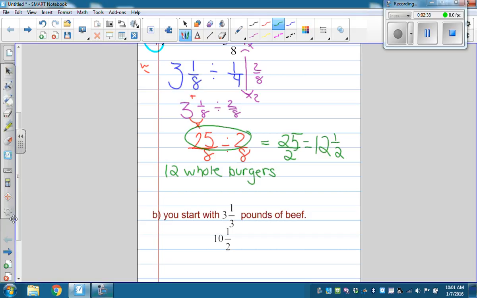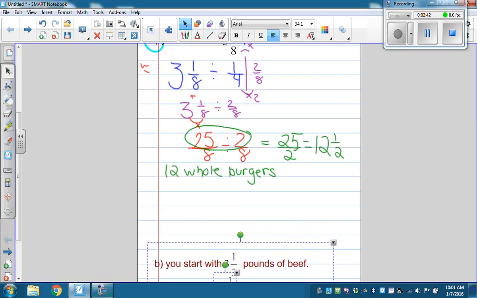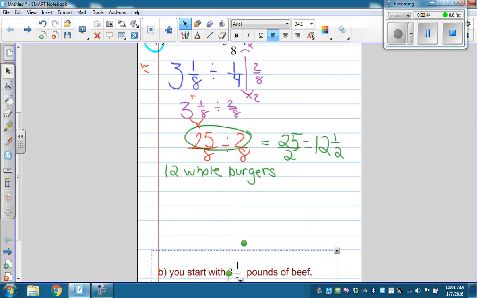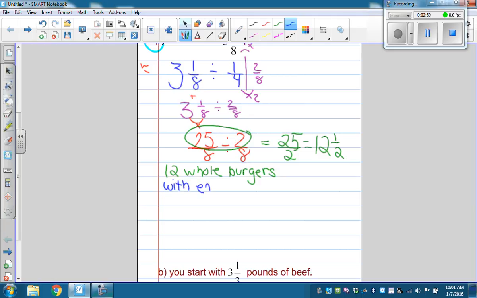And then we have to figure out what's left, right? So we have enough meat left to make half of another burger, right?